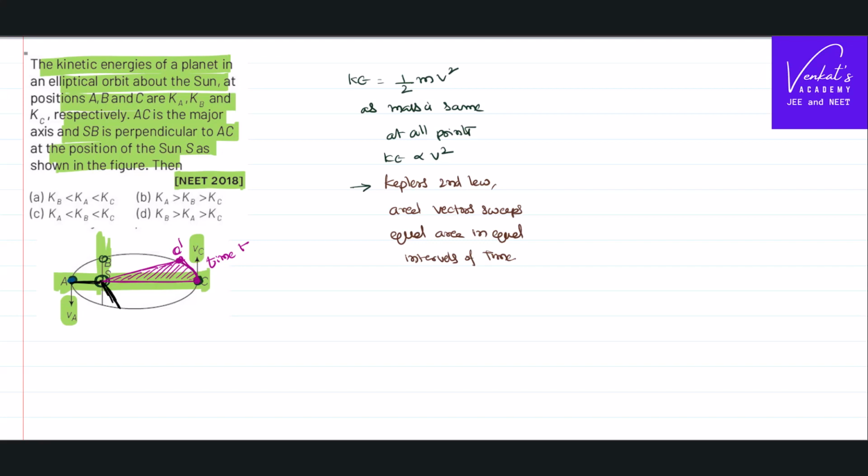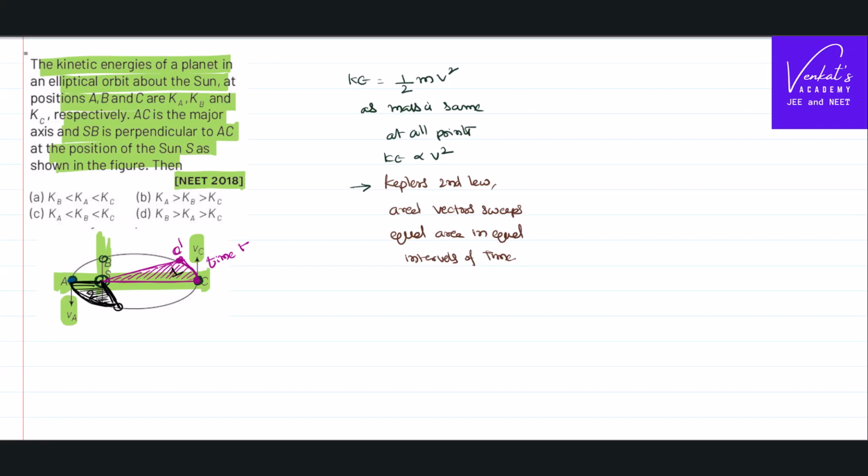So if the area of this second sector has to be equal to the area of that first sector, that is, this is the first sector, this is the second sector, as this is a shorter sector, its width has to be more.